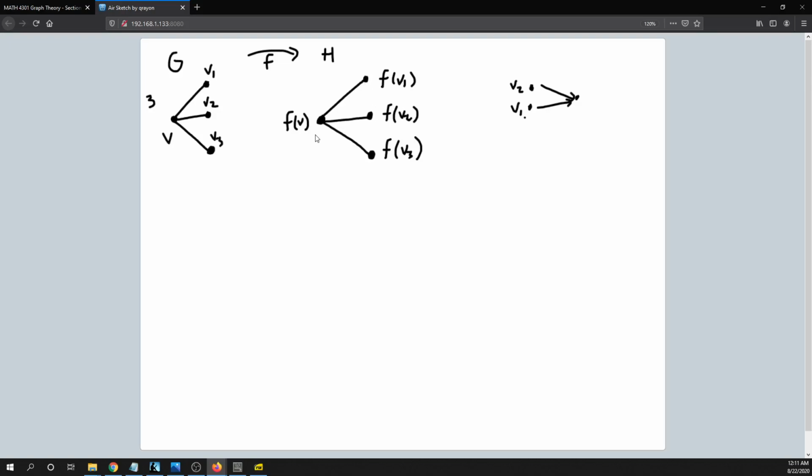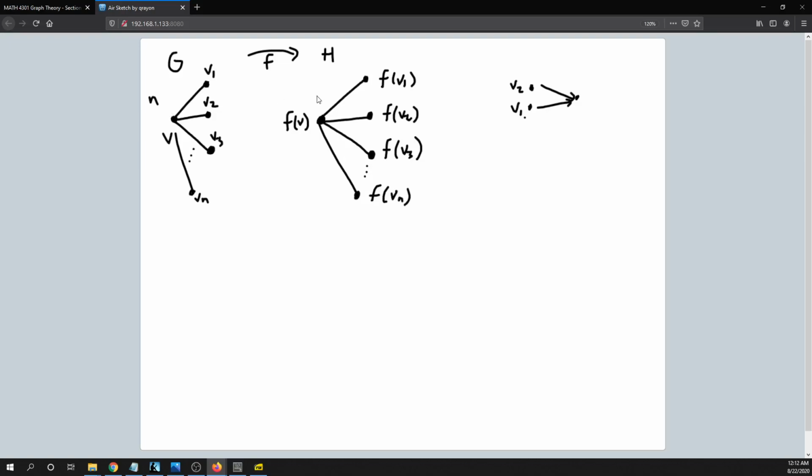Okay. So that 3 is not a magic number. You can do that for any number. I could have just said extend that proof to n. If this is degree n, then I have v1 all the way out to vn adjacent over here, and F of V would be adjacent to all of those, F of vn over here.